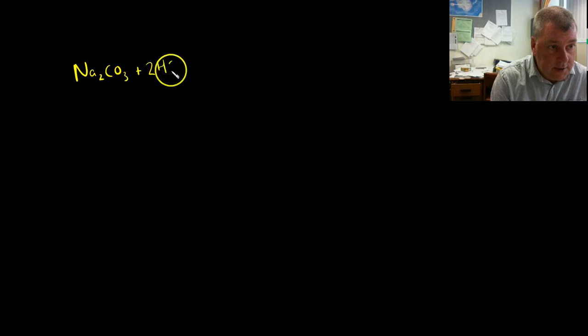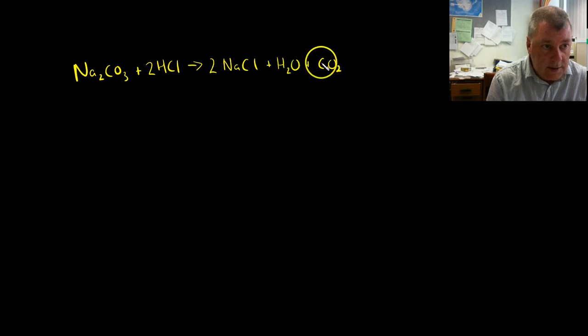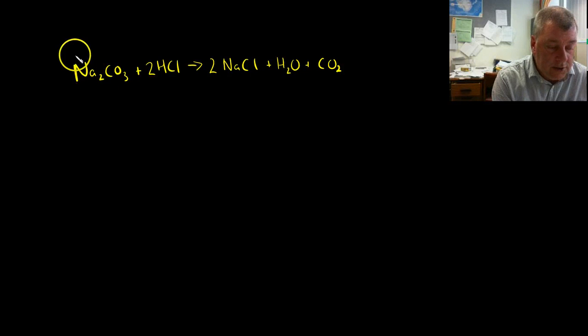First off, we write our equation: Na2CO3 plus 2HCl goes to 2NaCl plus, I'm just copying this from what was given before, but that's okay. So there's our equation, and this is our known, and this will be our unknown.